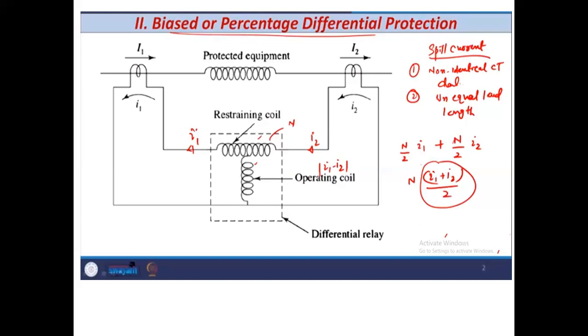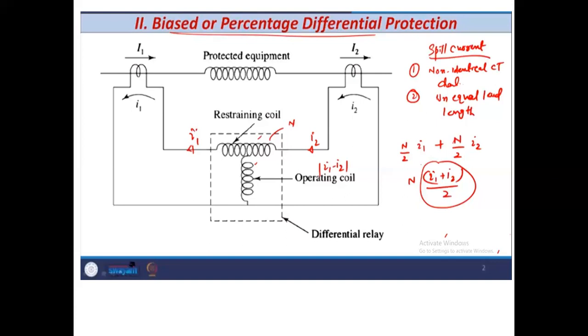Now in the biased or percentage differential protection scheme, another coil, known as the restraining coil, is also connected. This is the restraining coil, and the operating coil is connected at the midpoint of the restraining coil. So the current here is I2, and this current is I1. The current through the operating coil still remains I1 minus I2, if I take the absolute value.